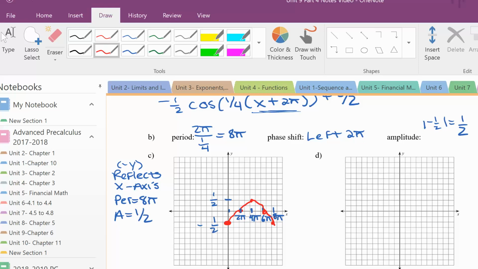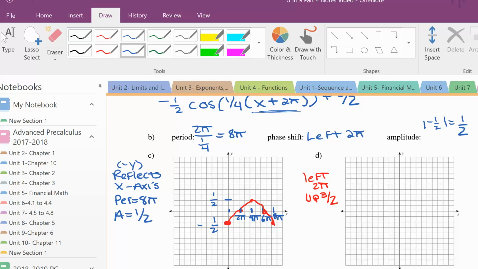Now for part D, you use the shifts: the phase shift, left 2 pi, and the vertical shift, up 3 halves. You're going to draw the same graph, just shifted left 2 pi and up 3 halves.